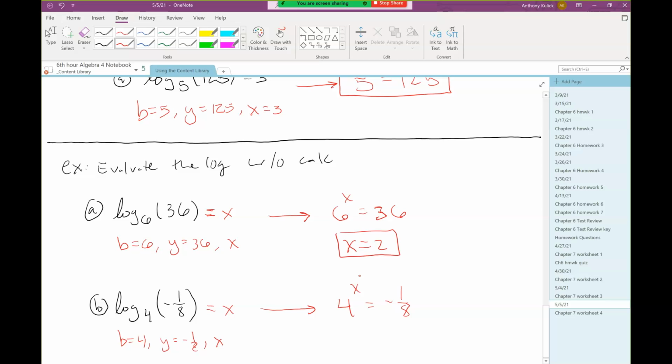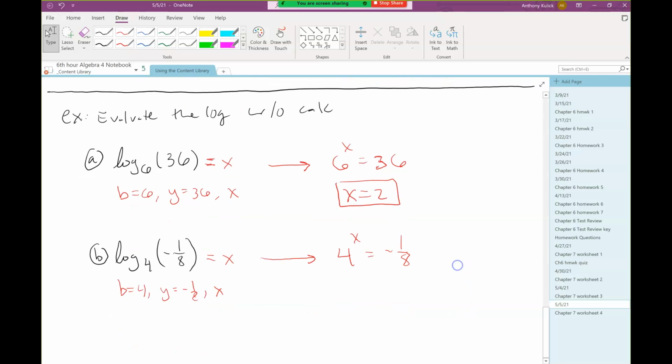I don't know what to do with that either, right? But what I can do here is try to rewrite these two sides so they have the same exponent base. So I notice that 4 is the same thing as 2 squared.